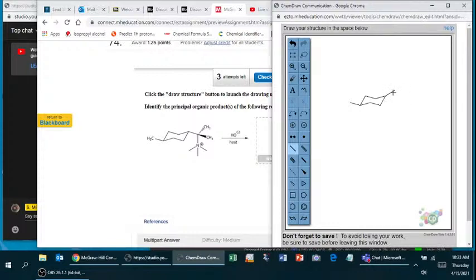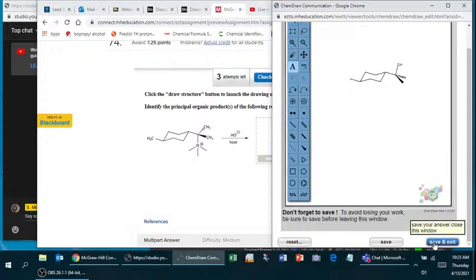It's actually going to go up. So in this case, I've inverted the symmetry. I've got the CH3 groups pointed down and the OH group pointed up. Let's see if it accepts that answer.